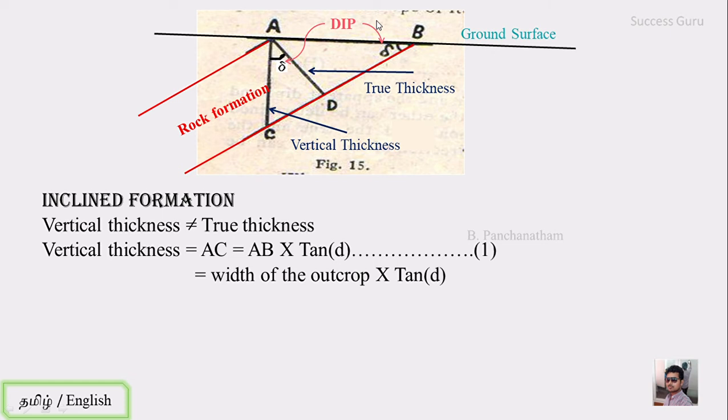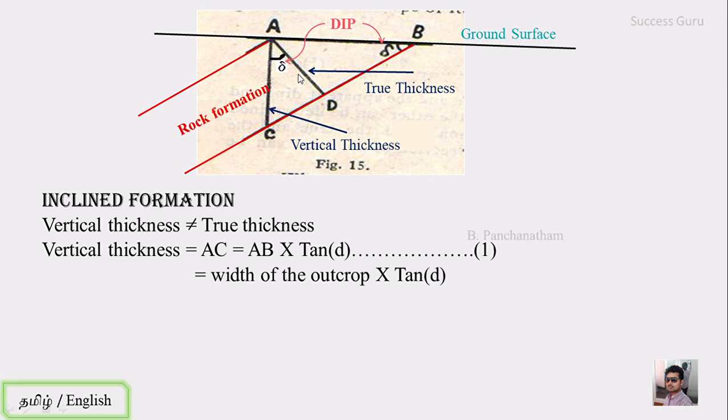Okay, is that clear? So to calculate the vertical thickness, this is AC, right? So we know this is a very big right angle triangle, as the surface is horizontal and we are measuring it vertical. So this will form a right angle triangle, that is 90-degree right angle. The ACB will be the right angle triangle.